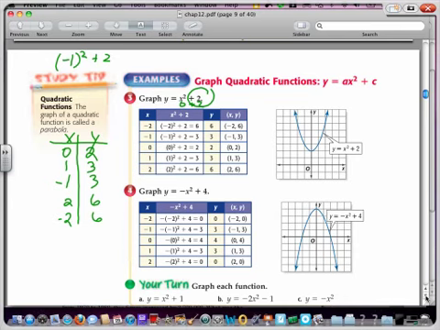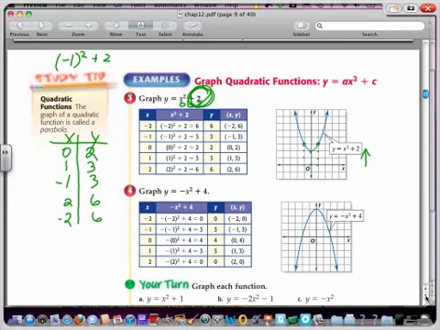So now I come over and I plot it. And notice that in the past I always had 0, 0, right? But I don't have it this time because I've got this plus 2 right here. So that kind of changes how this works. So it's 0, 2. So really all it did was shift everything up 2 spaces. Okay, and then I've got 1, 3, and -1, 3, right there.